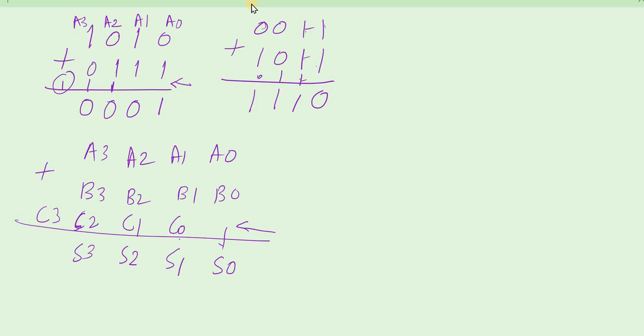So in this case, you can see that only for this first addition we can use a half adder. For the others, the half adder is not sufficient because they actually add 3 bits. So for that we need a full adder.